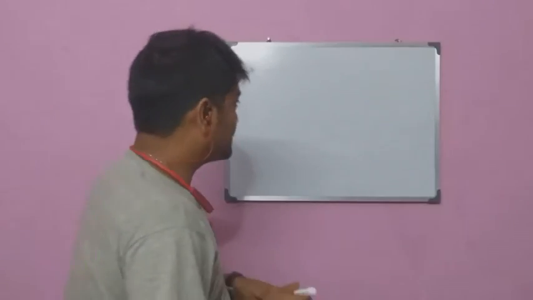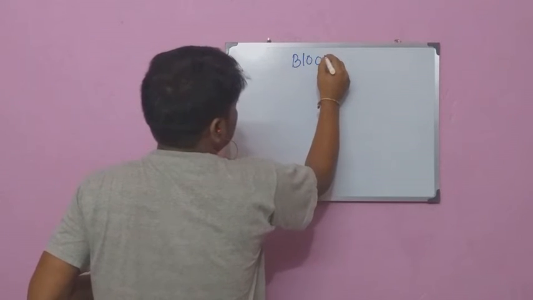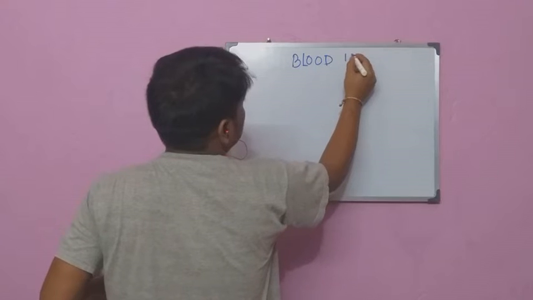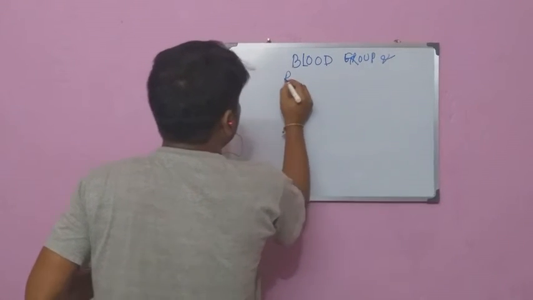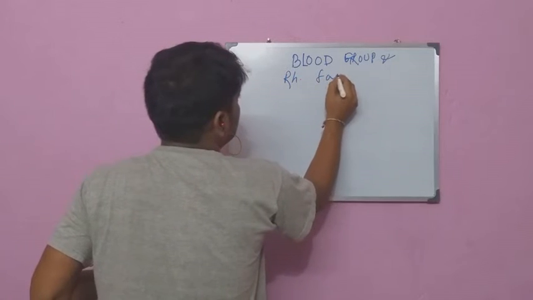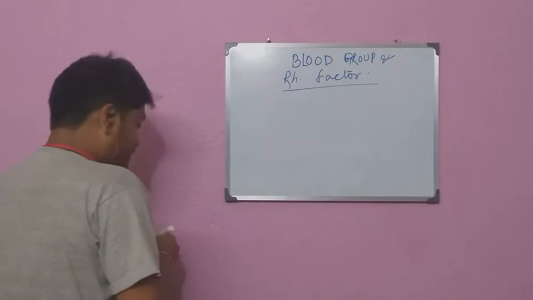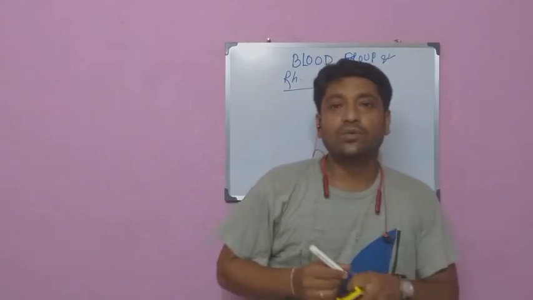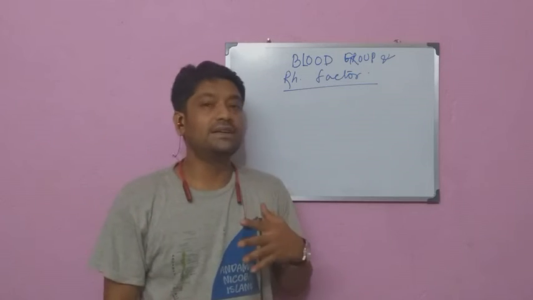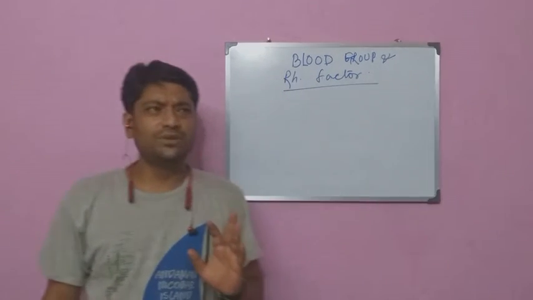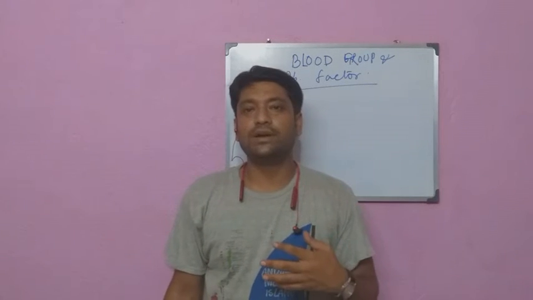Today's discussion: blood group and Rh factor. Listen carefully. Blood is a fluid connective tissue. I have already told you in previous classes what blood is and what the composition of blood is.